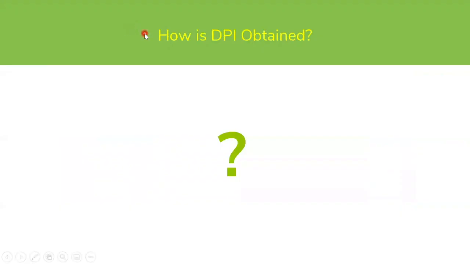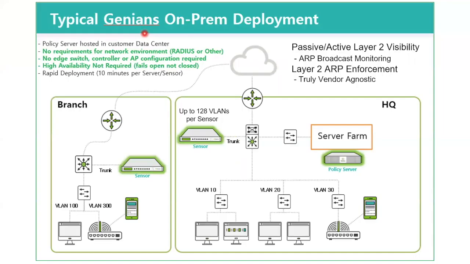So we've determined now that this information is critical. We determined what this information is that we want to obtain. Now we can discuss, how do we obtain that information from the network? If we look at the architecture of a typical Genians NAC on-prem deployment, cloud deployment is almost identical, with the exception of your policy server being in the cloud instead of on-prem.